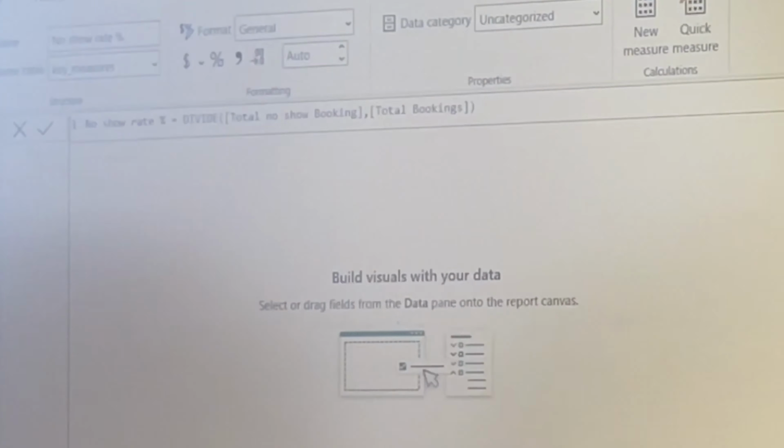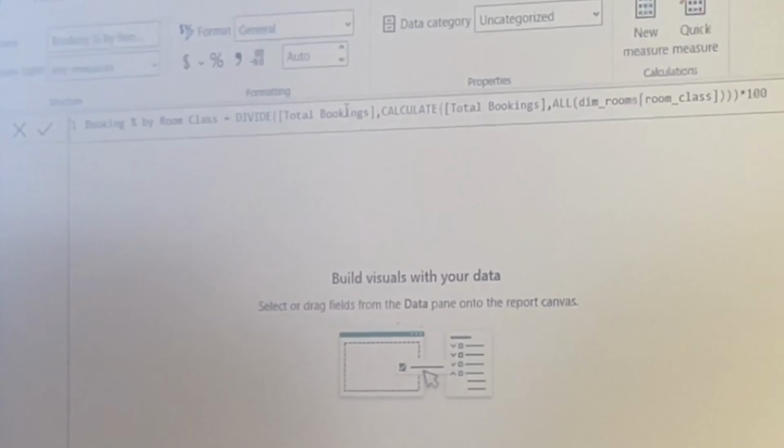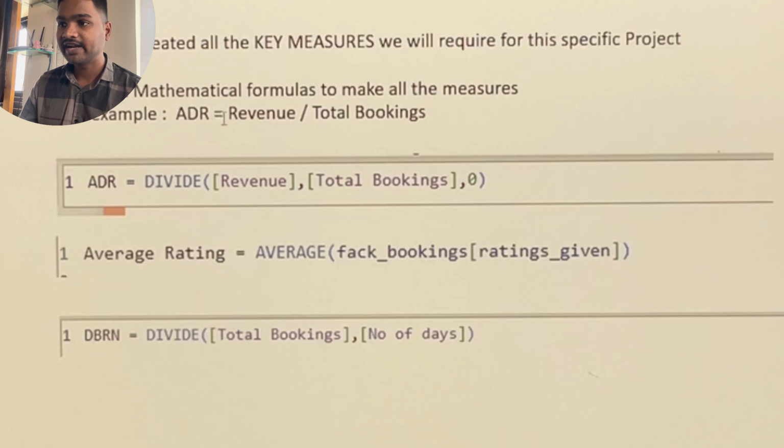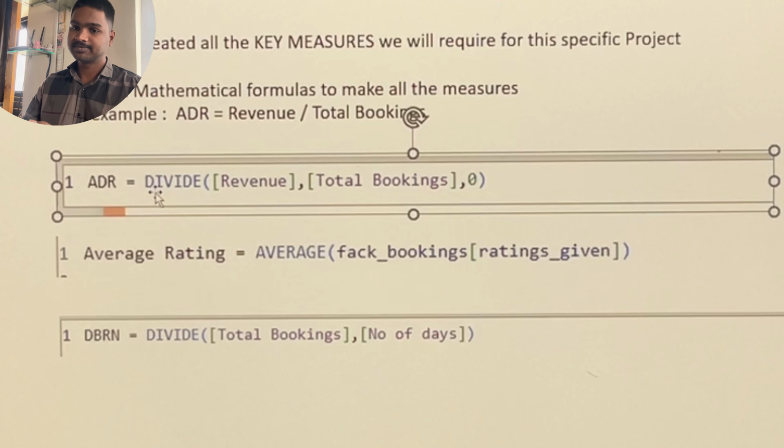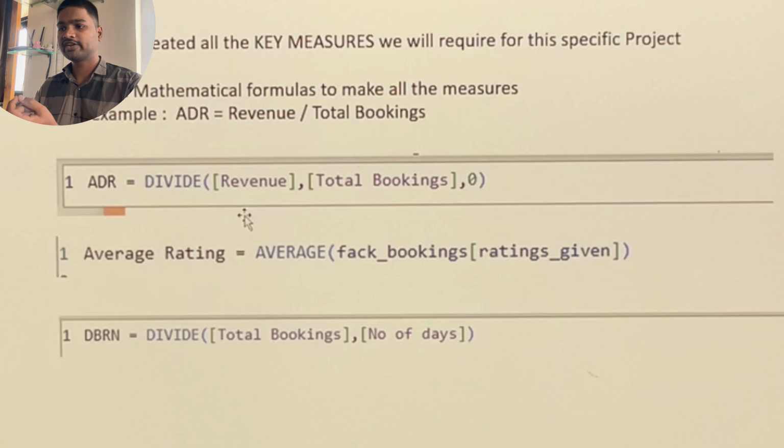For example, you can see on the left we have ADR, which is equal to revenue divided by total bookings. For ADR, the syntax for the formula will be divide revenue, total bookings, and the number of decimal points we want.